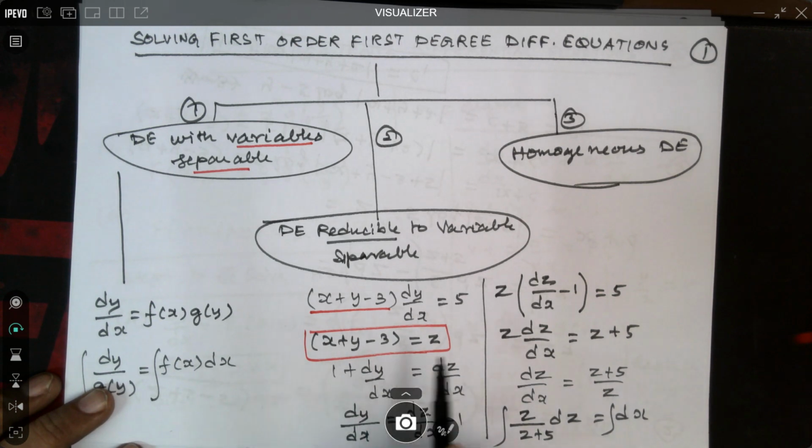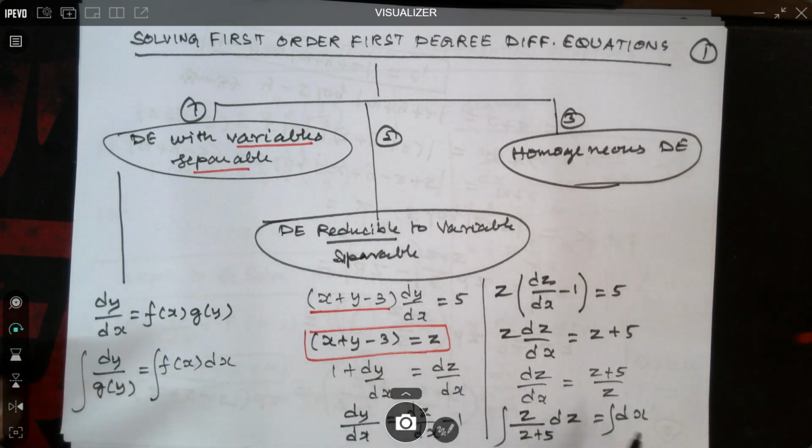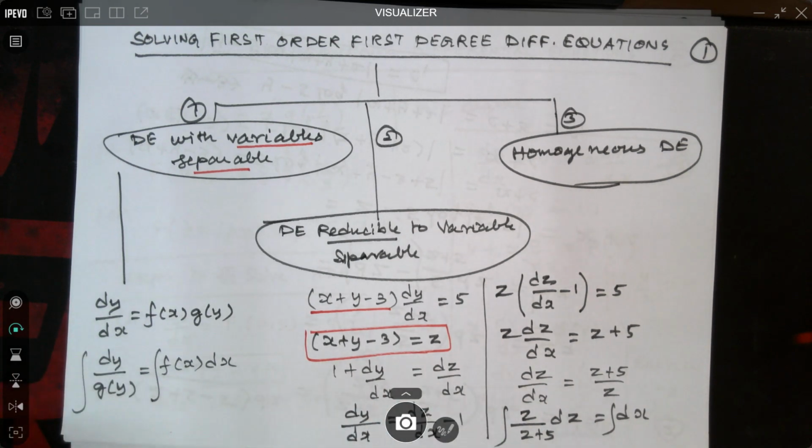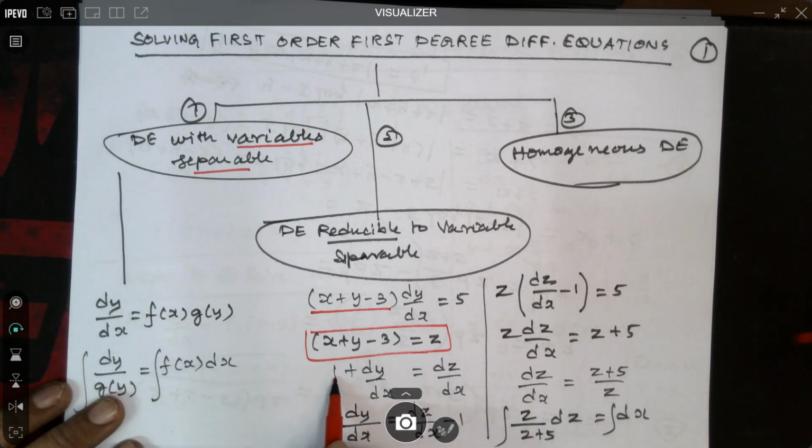So now we have got 1 plus dy by dx is equal to dz by dx. Is it okay? Right. Now we can take 1 to the other side, so dy by dx is equal to dz by dx, and this plus 1 becomes minus 1.